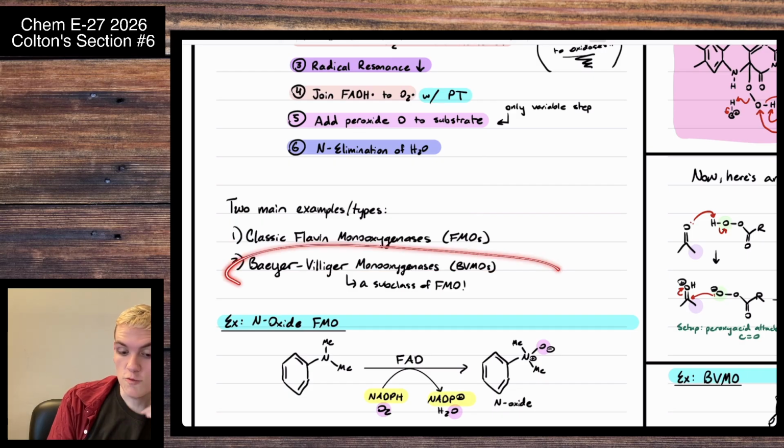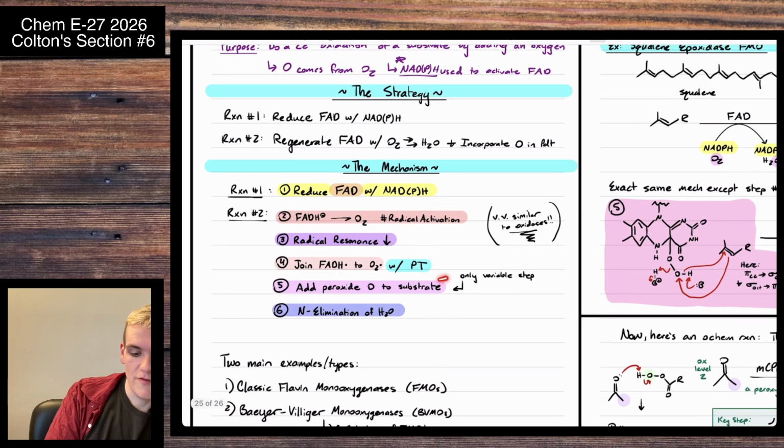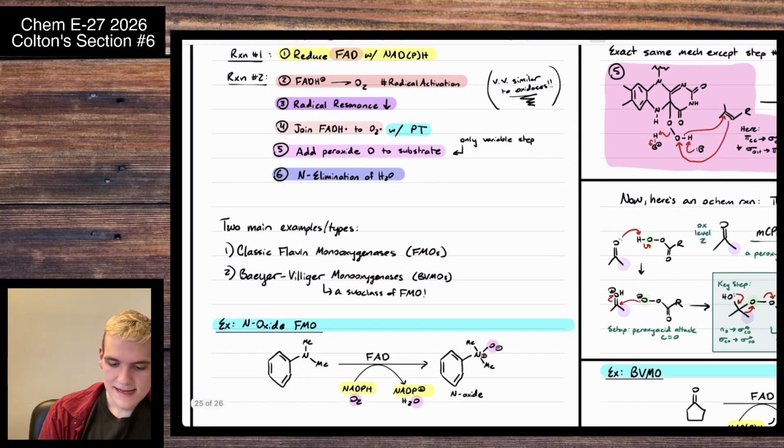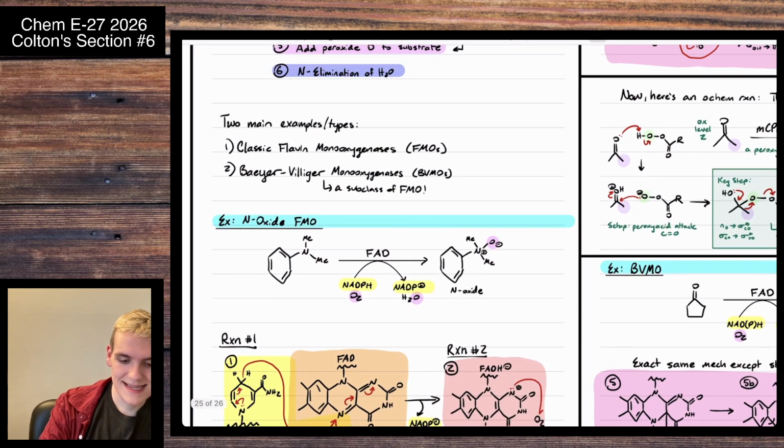The Baeyer-Villiger really is this exact same structure. It's just going to be doing a weirder step 5 that we want to give a little bit extra love and attention to, because y'all have not really seen a classic OChem 2 treatment. Because really this class is more of a biochem class that does curved arrows, you know? But with that, let's look at a classic flavin monooxygenase.